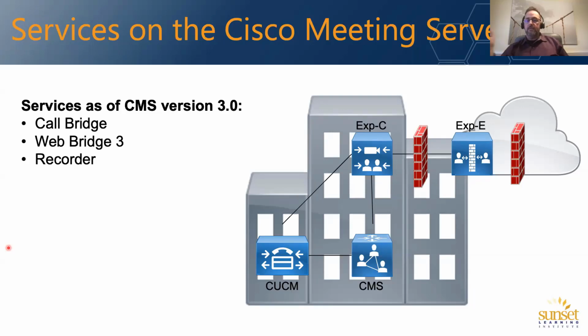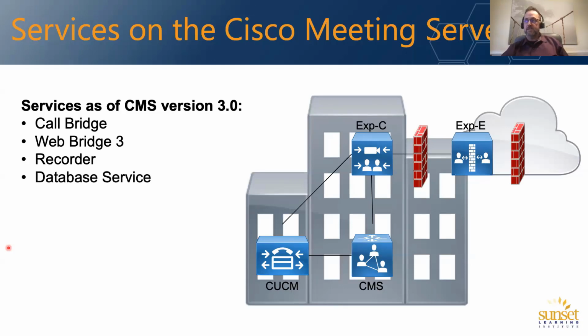However, if you're enabling the recorder service and call bridge service on the same server, make sure you size that server to handle the resource capacities of both of those services running simultaneously. So in other words, you need to buy a bigger server. Which is always fun.